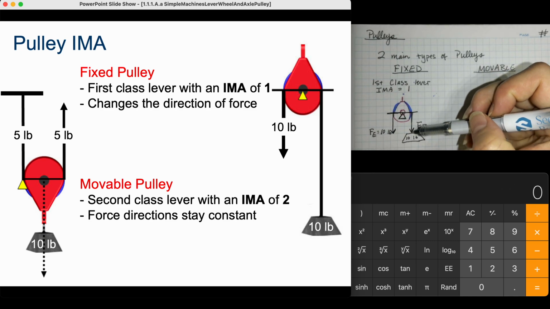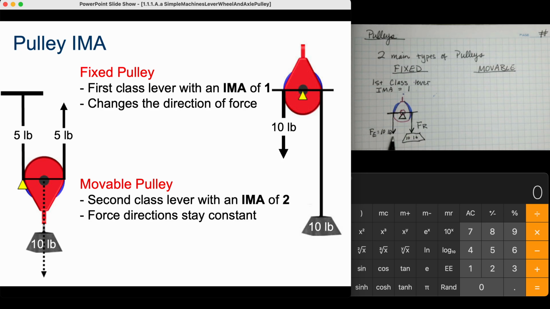Because all we're doing is changing the direction here. The benefit of this is that you can pull downward and have gravity help you with pulling. If you were trying to just lift this up, you'd have to just be fighting gravity, but this gives you a little bit more leverage because you're getting to pull downward with the force of gravity.